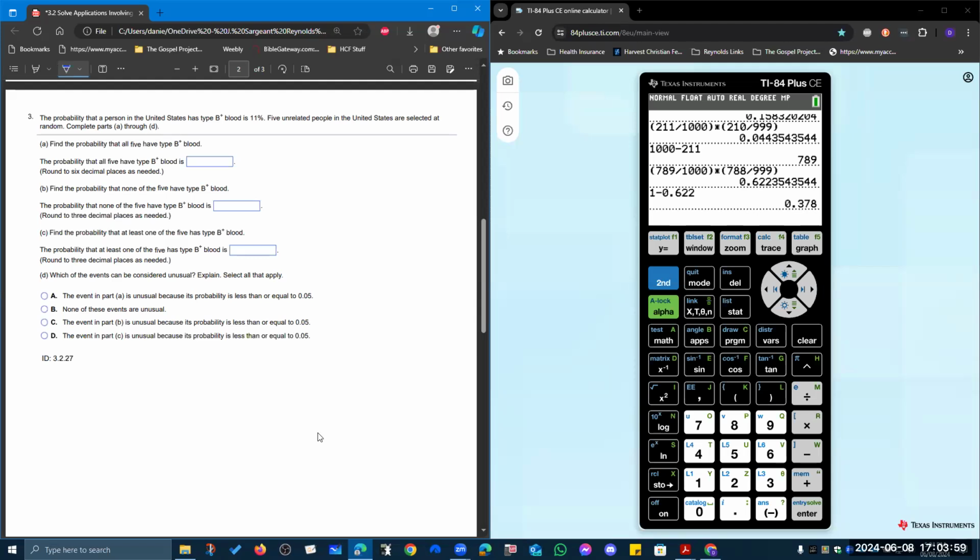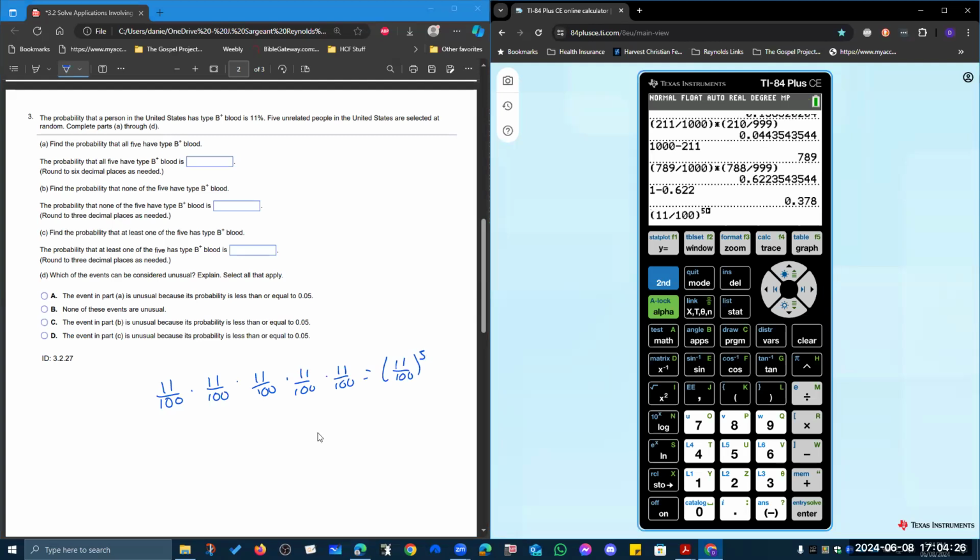So we would have 11% is 11 out of 100, and another 11 out of 100, and another 11 out of 100, and so on, which we could write as 11 out of 100 to the 5th power.